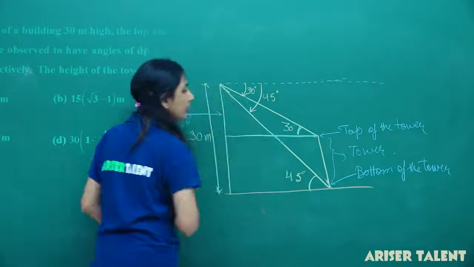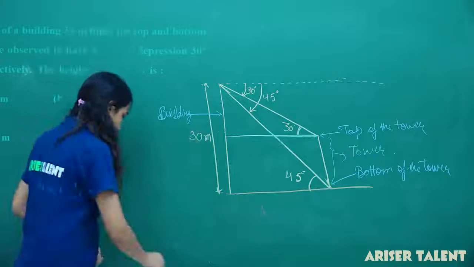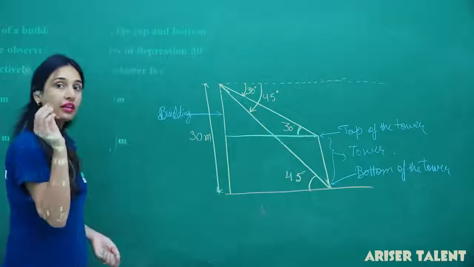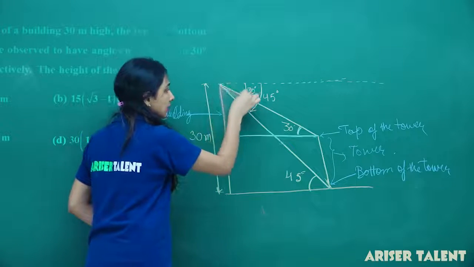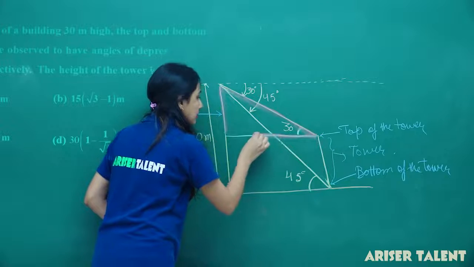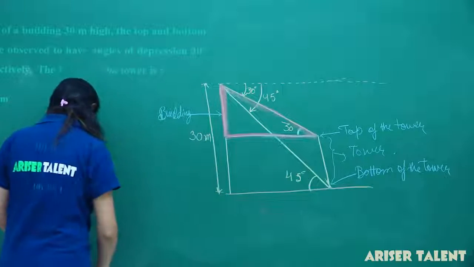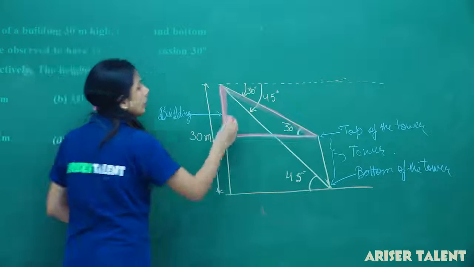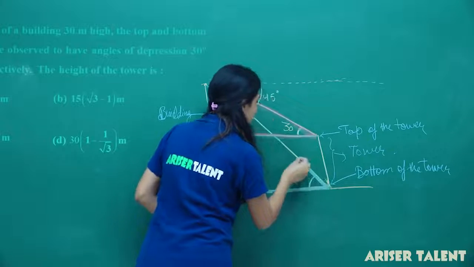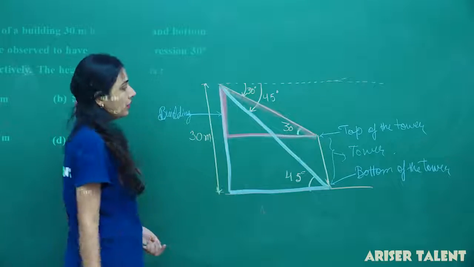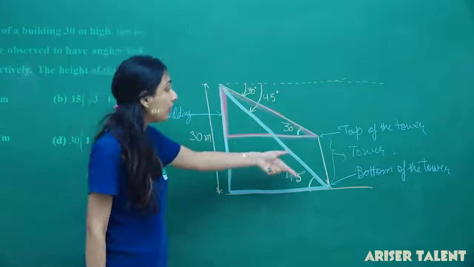We have this triangle. I am marking these triangles for you. This is triangle number 1. Now I have another triangle, triangle number 2. Right, I have 2 triangles here, and I have to find out this.